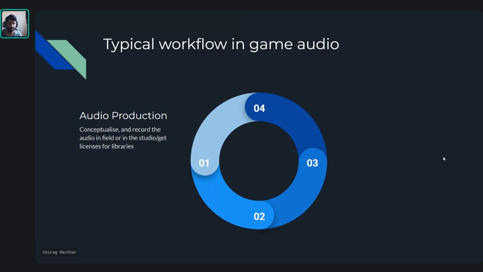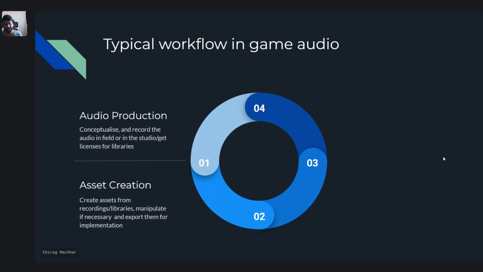There's the idea of the game, and as an audio team, you're conceptualizing what sounds need to go in. You start recording the sounds, either doing field recordings, or studio recordings, or maybe outsourcing some of the dialogues from different studios, or grabbing licenses for different libraries that might be useful for the current project you're working on.